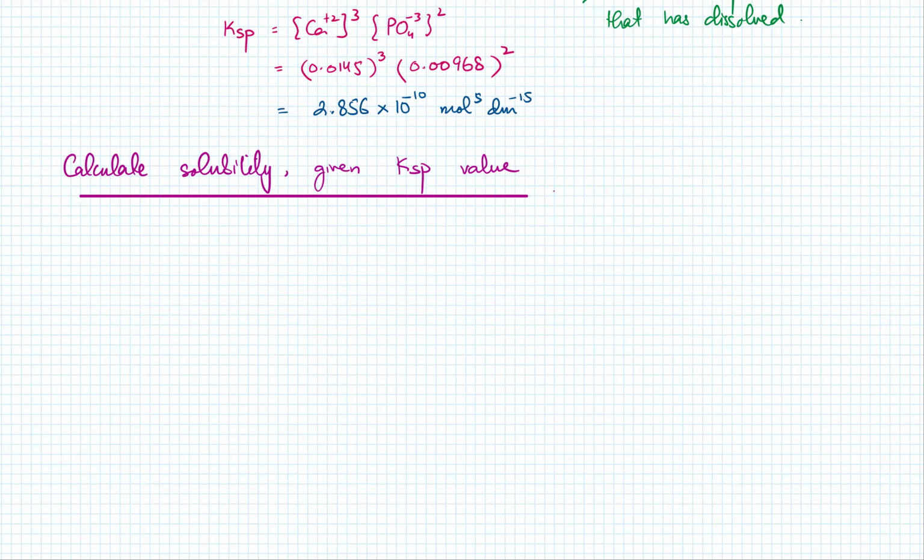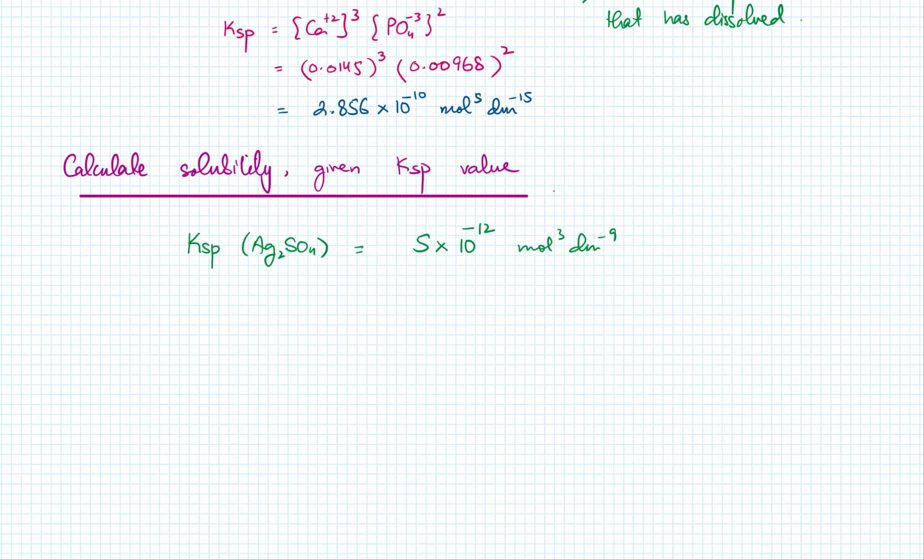So let's pick another salt. I'm going to make hypothetical values for that. So let's say I've got silver sulfate, and the Ksp of silver sulfate is given as, let's say, 5 times 10 to the power minus 12, and the unit is mol^3 dm^-9.